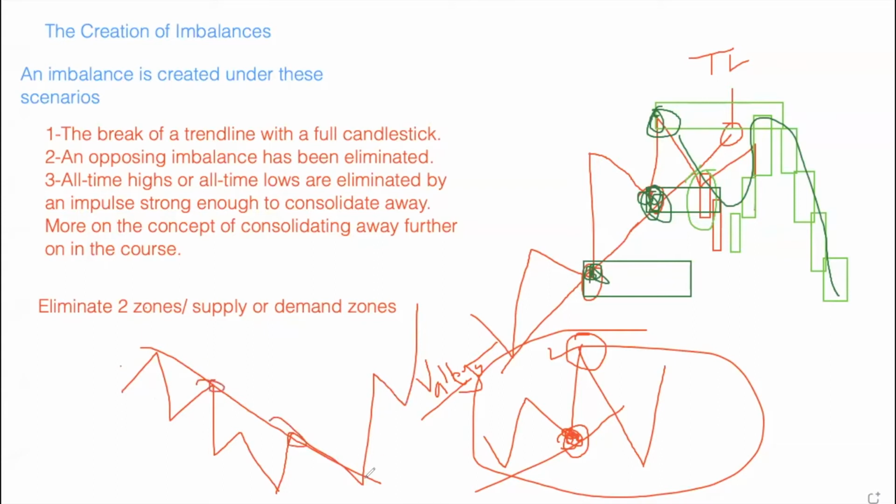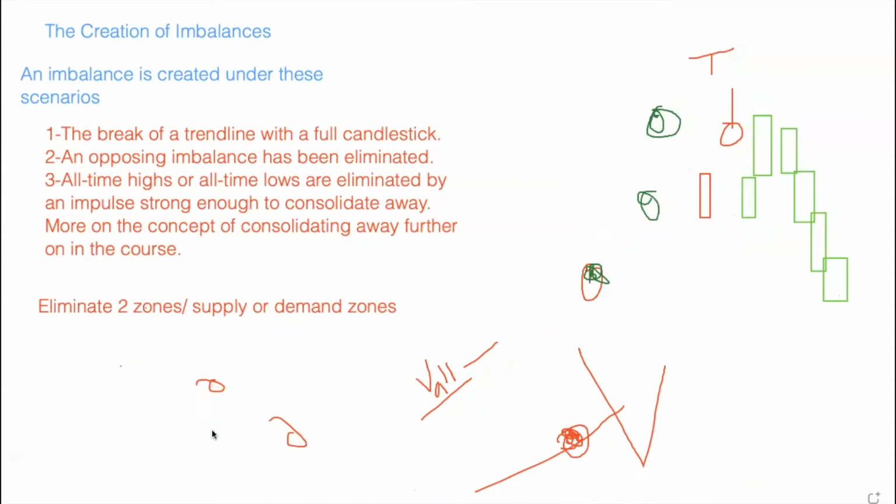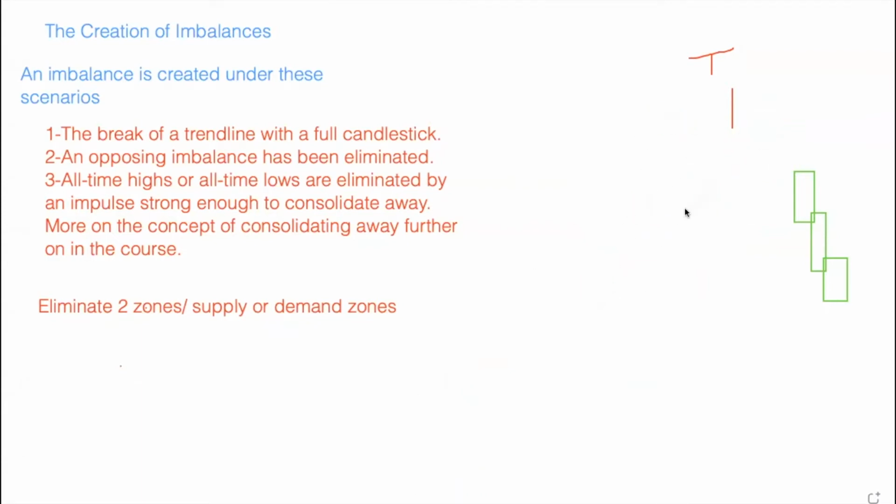When price crosses it, you put your zone somewhere here, and then price is expected after this to go up, okay? So now let's go look on the live charts to see if this is actually something that will always happen, all right?